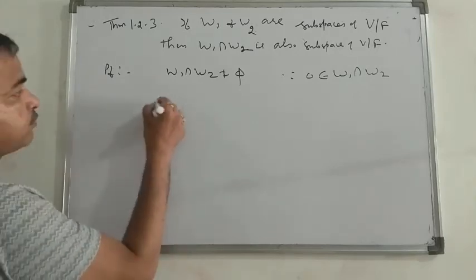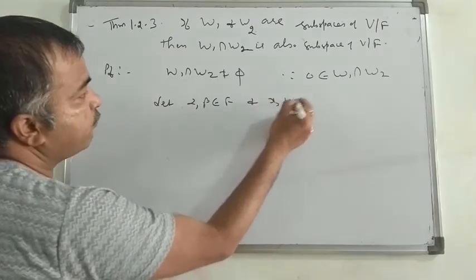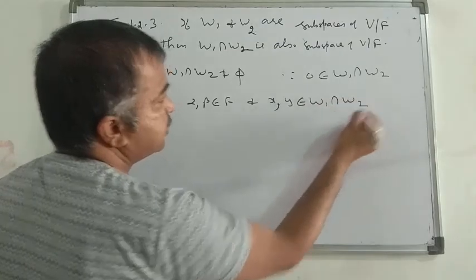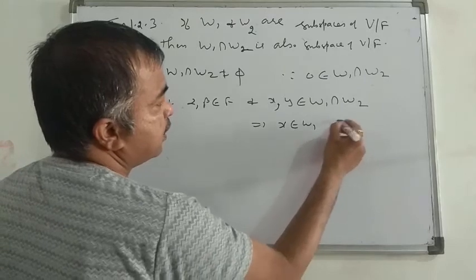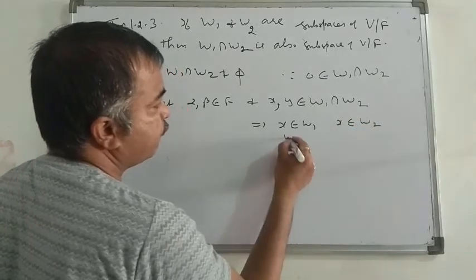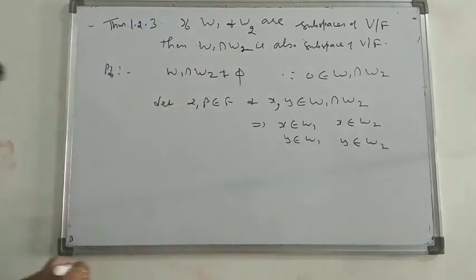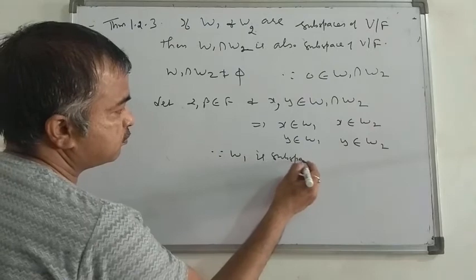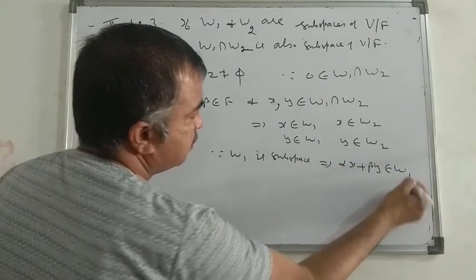Now let alpha, beta belong to F and x, y belong to W1 intersection W2. It means x belongs to W1, x belongs to W2, y belongs to W1, y belongs to W2. Because W1 is a subspace, it implies alpha x plus beta y belongs to W1.